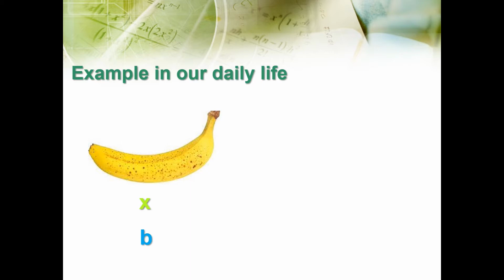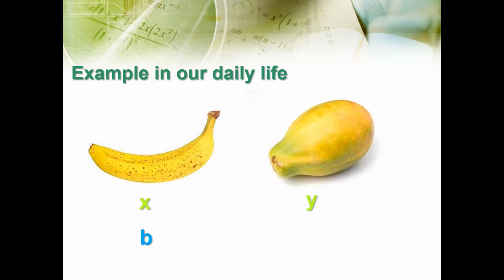Usually the questions ask you to write it in X or Y or P or Q. You have to look at the questions. If there is none, it's up to you. You can use a letter from A until Z for a banana. So if there is a papaya, you can use Y or P or another letter.